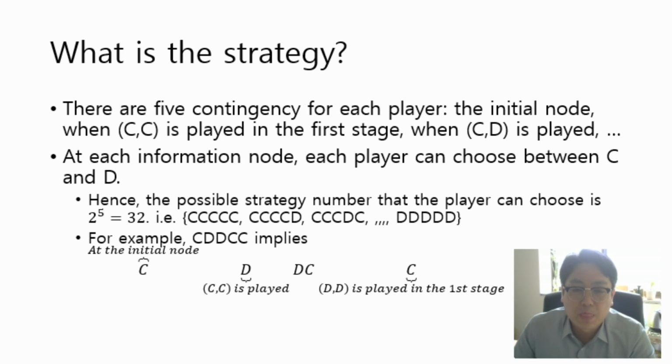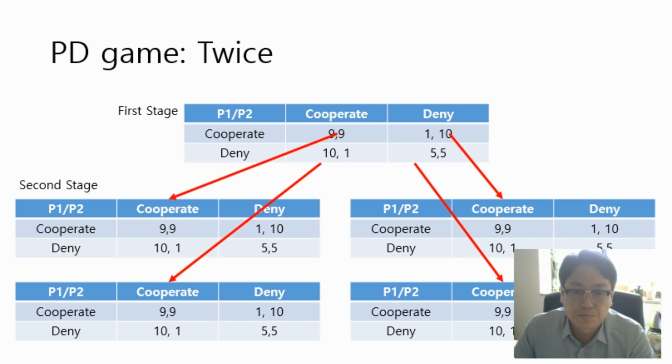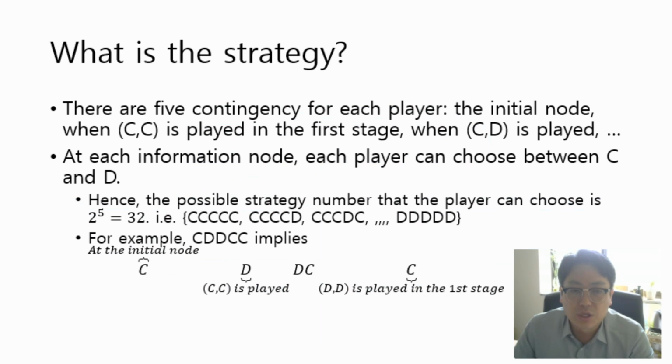We don't need to follow these rules, but if I'm setting up the rules like that, the first character represents each player's action at the initial node. When this node is reached, for example, if CC is played, then this player will play D.